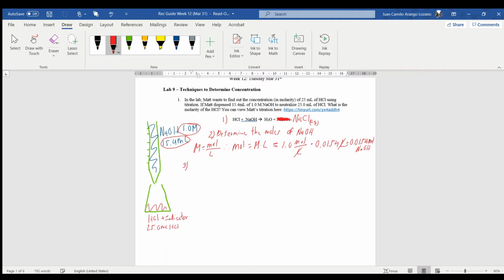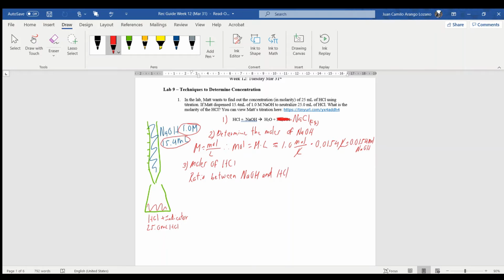Nice. So now I have my moles of sodium hydroxide. The next step is to determine the moles of hydrochloric acid. And for that I need to consider the ratio between sodium hydroxide and hydrochloric acid.